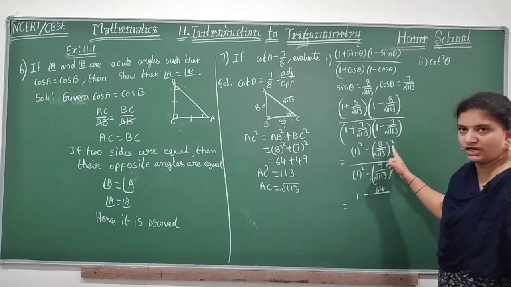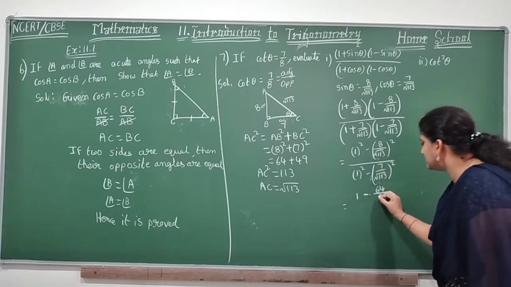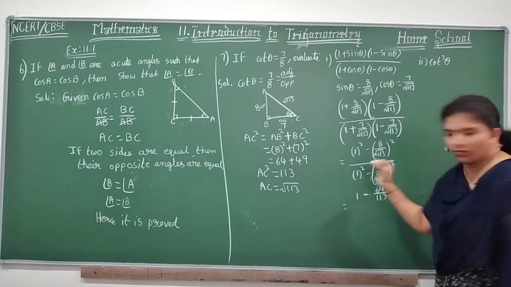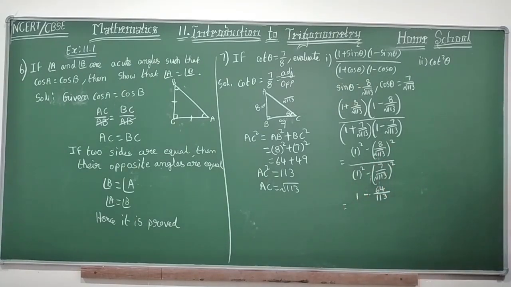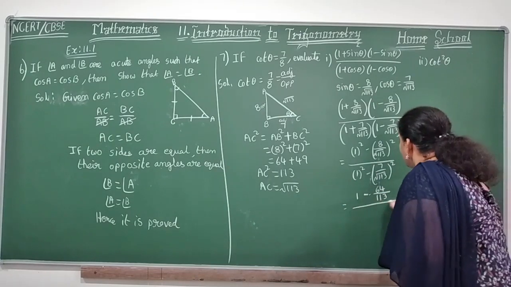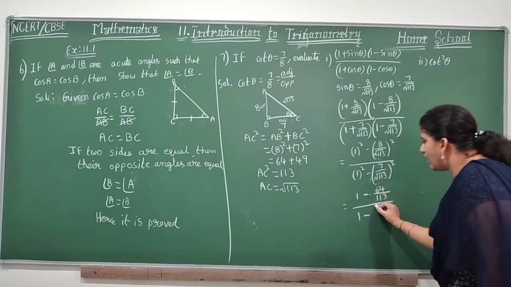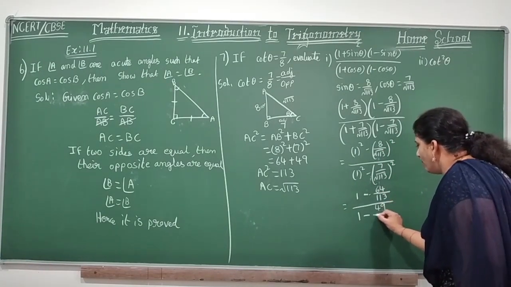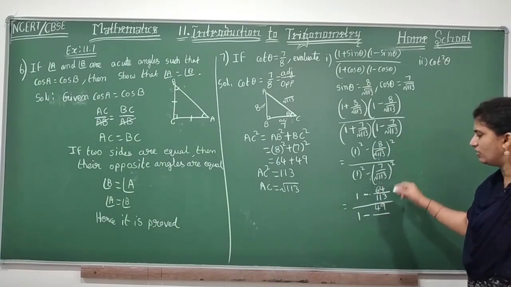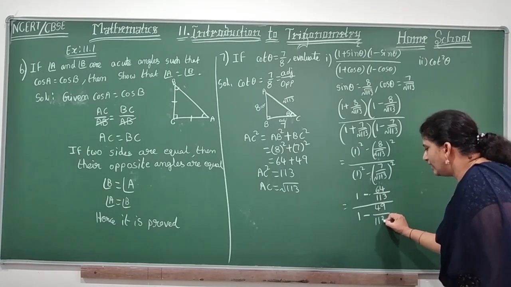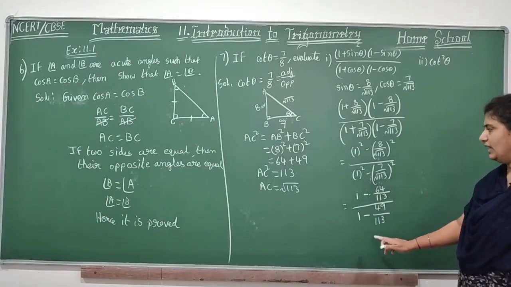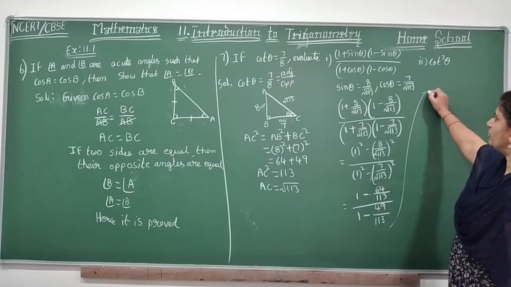Square root of 113 whole square, the square root will be cancelled. It will be 113. By 1 minus 7 sevens are 49 by square root of 113 whole square, it will be 113.